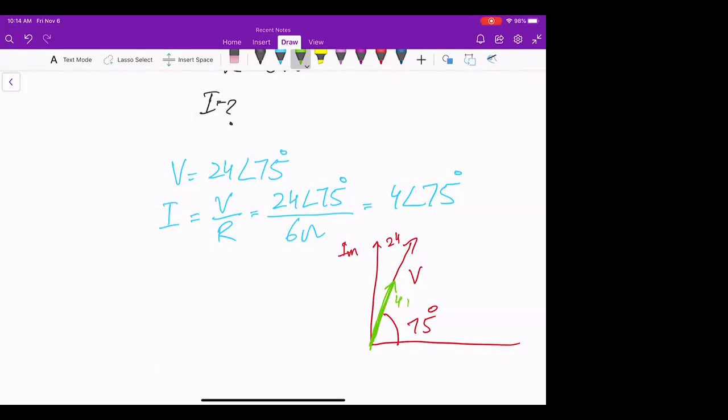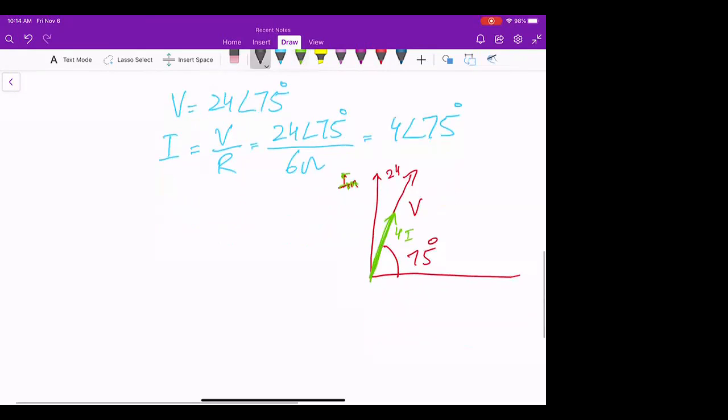So this is the current. This is, sorry, the imaginary part, so don't confuse it with the current. So current and voltage phasors are on the same axis, but their magnitudes are different. Sounds good? Do you understand what I'm saying? Yes. Okay.